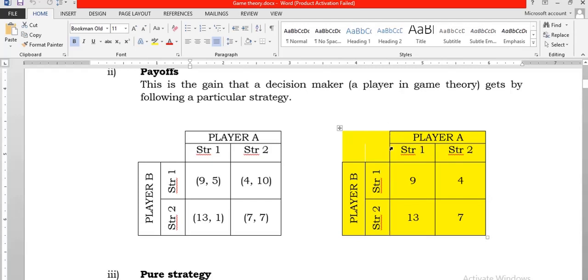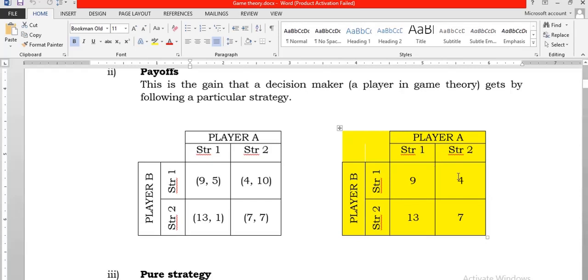In other words, if player B wins 9, player A loses 9. If player B wins 13, player A loses 13. If player B wins 4, player A loses 4. And if player B wins 7, player A loses 7. So because player A is always losing, we shall want to minimize the maximum possible losses.